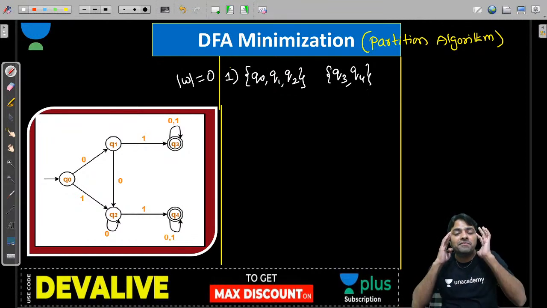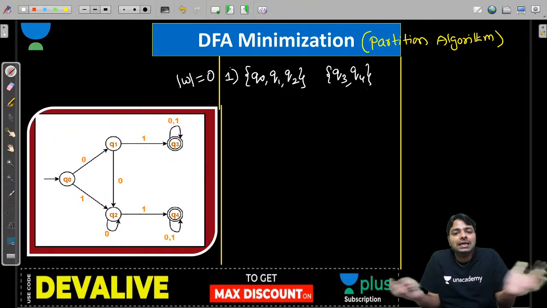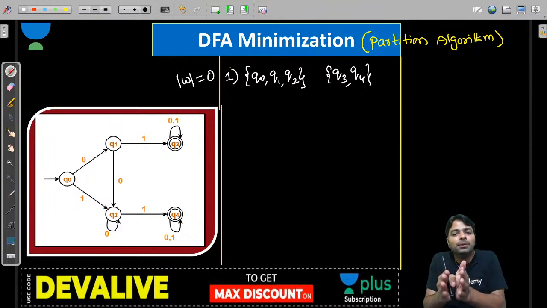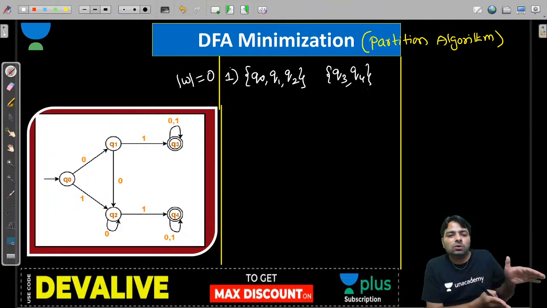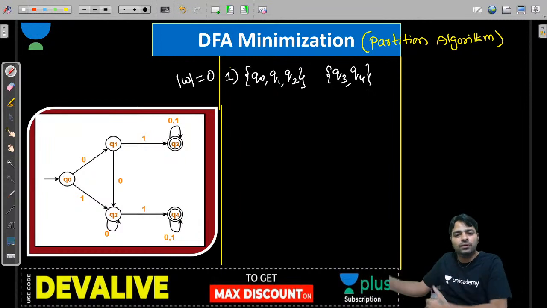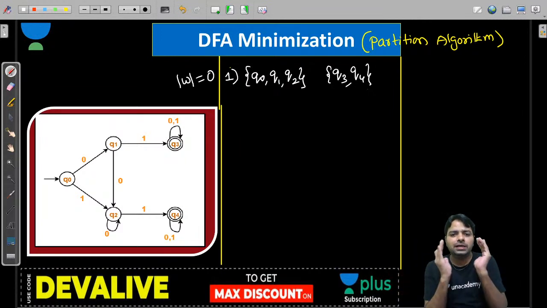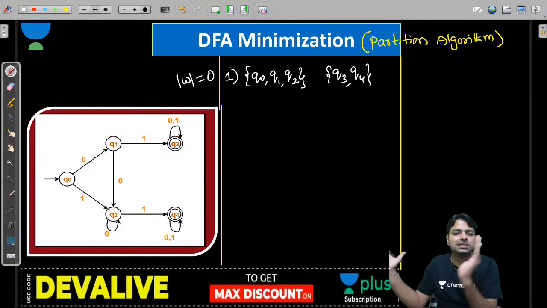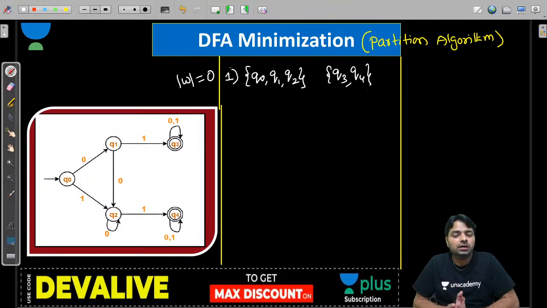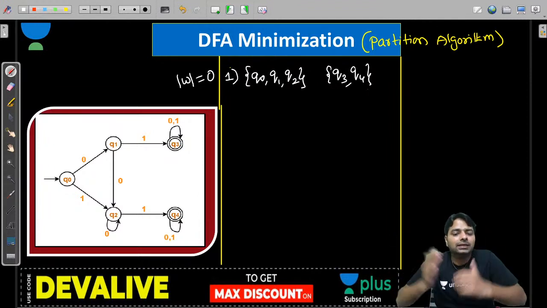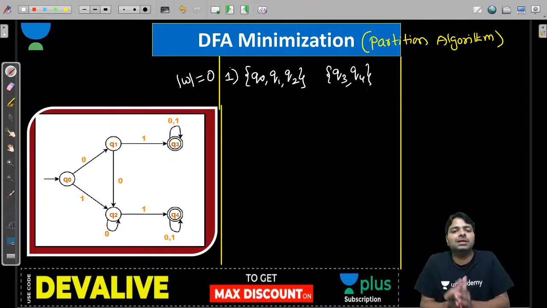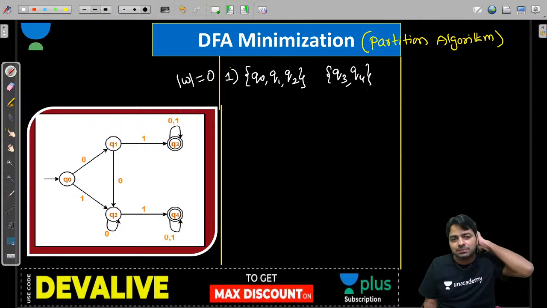So when we don't look at any length, that is 0 length, we are able to separate Q0, Q1, Q2 from Q3, Q4. Step 1, everybody clear? All the non-finals keep in one set, all the finals keep in one set. Because in future, when we look at 1 length, 2 length, 3 length, the only possibility to combine is for states in the same set.